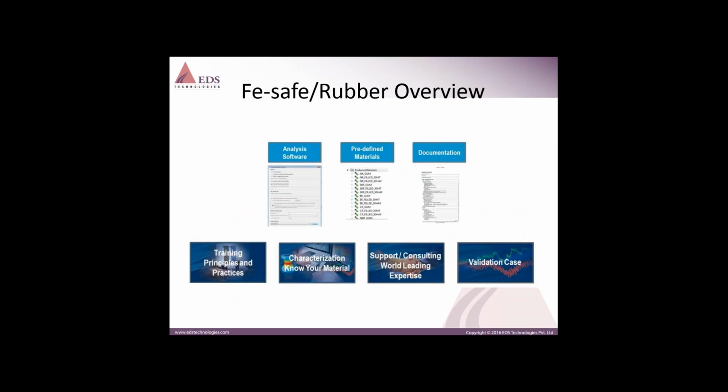It contains a material database which currently has around 25 rubber materials. You can use these materials for your analysis, and many customers use their own tested material for the analysis, which can also be saved in the FSAF material database locally. And the software comes with a good tutorial and user manual also.